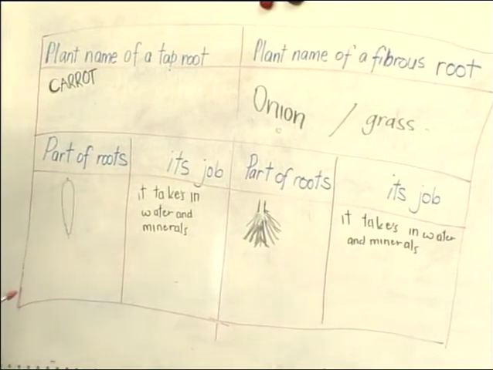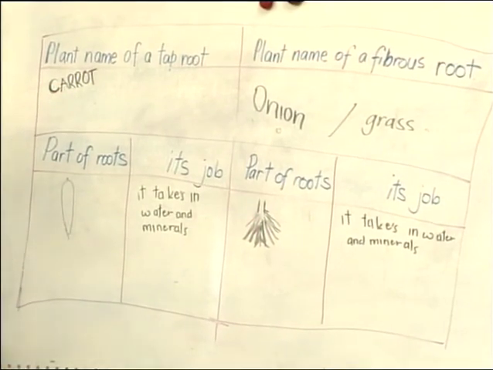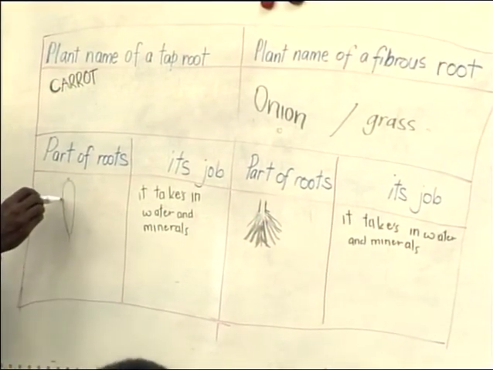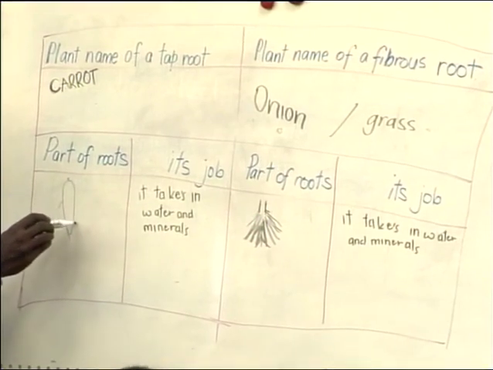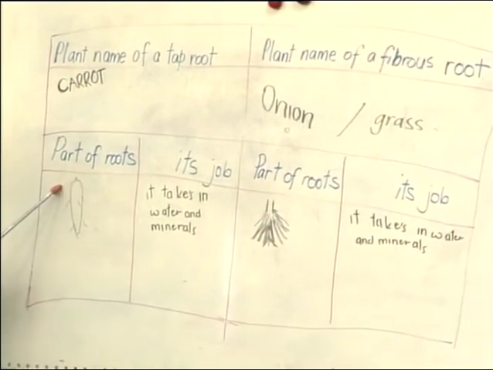Okay, that is the part of the roots there. The part of the carrot root. So the food is stored in its root there. Okay, so that's part of the carrot root.